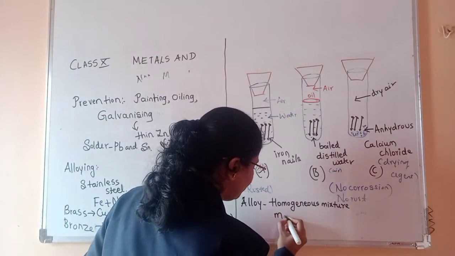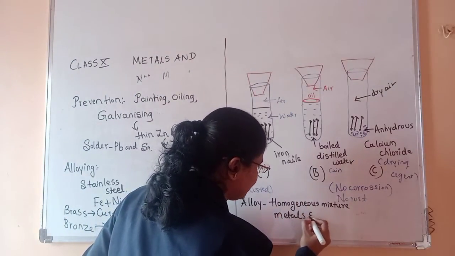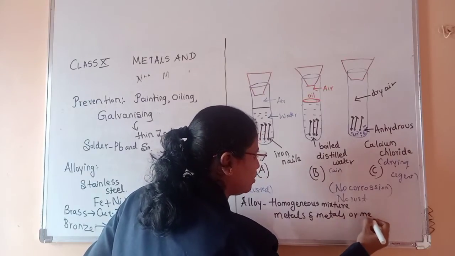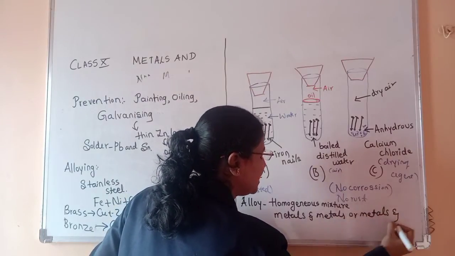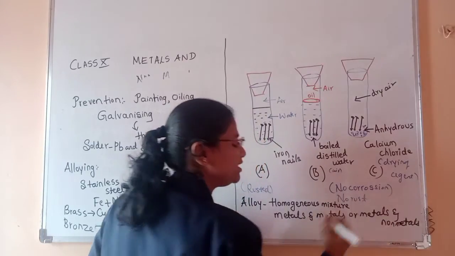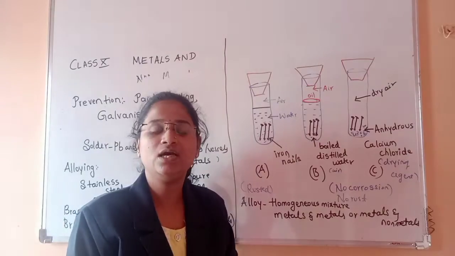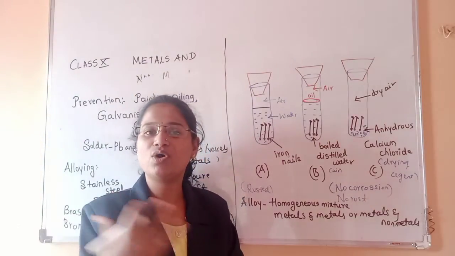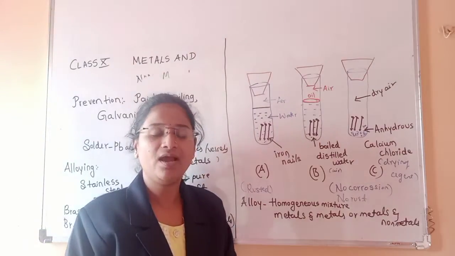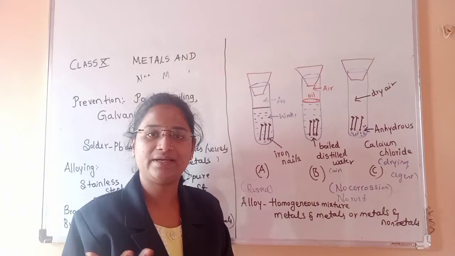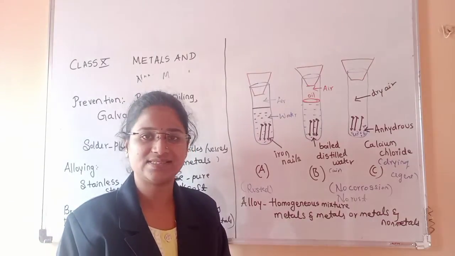A homogeneous mixture of metals and metals, or sometimes metals and non-metals, is called an alloy. You can give the example of stainless steel, brass, bronze. These are all examples of alloys. By alloying, we can increase the life of the metals.